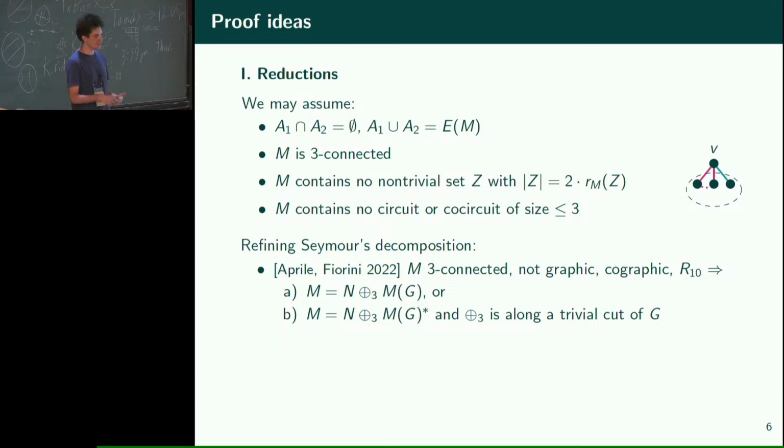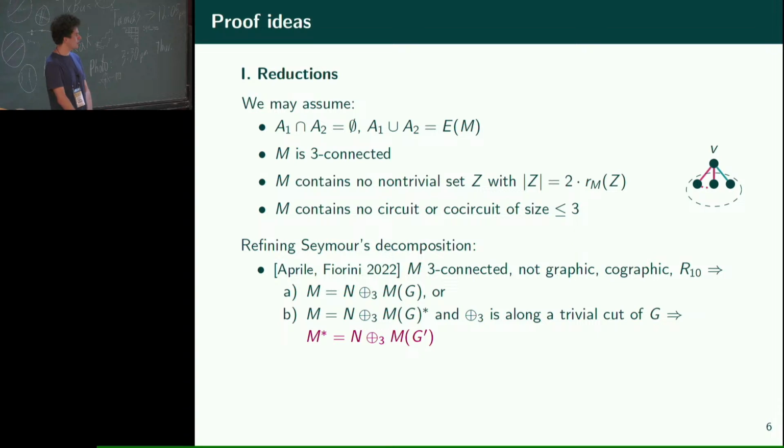That is, this triangle in the co-graphic matrix corresponds to a cut of the graph that belongs to a vertex. And if we have this special case, then if we take the dual, we get back to the first case, when we have a graphic matrix. So by using this slight generalization of the decomposition, we could reduce to the case when we have only a 3-sum with a graphic matrix.